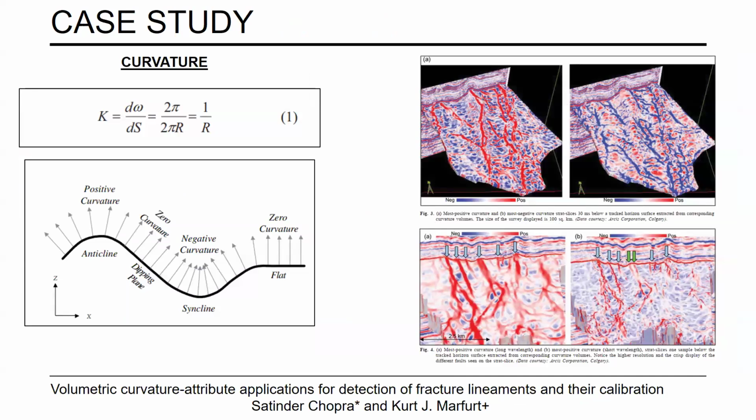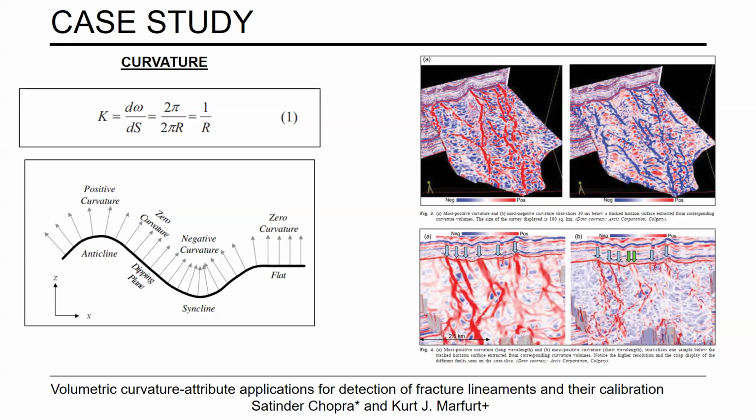Okay. Now I'm going to take your attention to another case study, which is from Calgary. On the right, the same curvatures are plotted along a surface. The blue here is negative and the red here is positive.